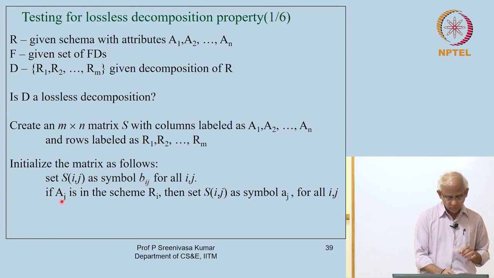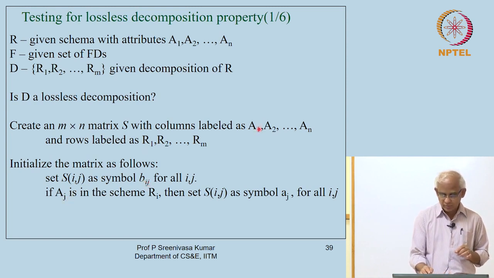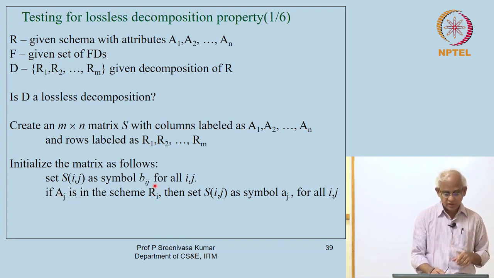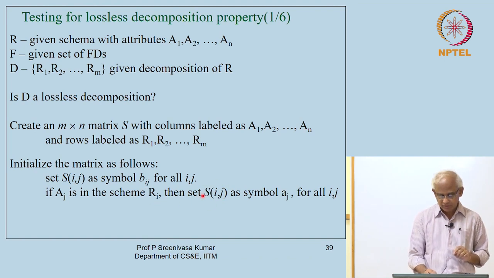Now, some of these attributes are part of these schemes R1 through Rm. That information is captured like this. If some Aj, which is a column, is in the scheme Ri, schemes are in the rows, then what we are going to do is set the ith row jth column to a symbol called Aj.